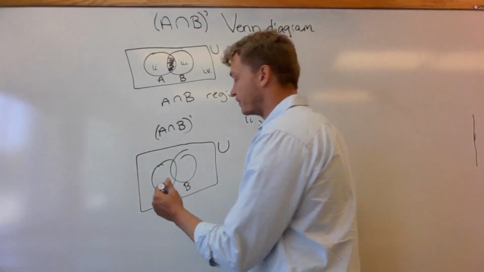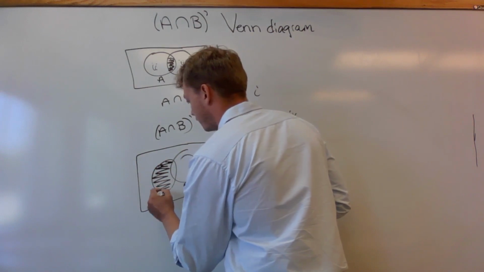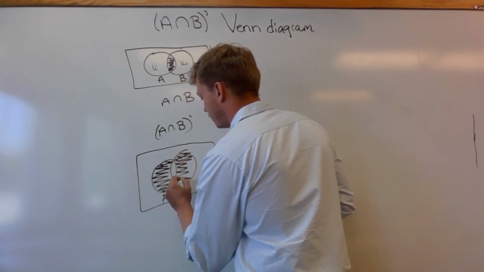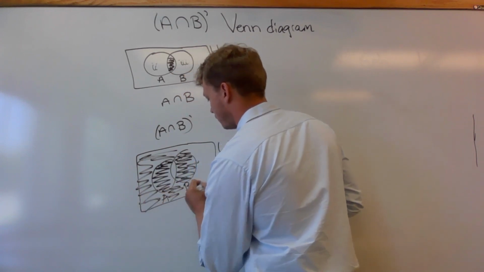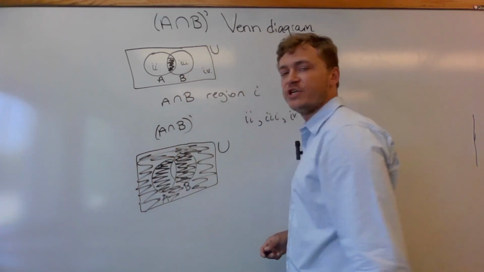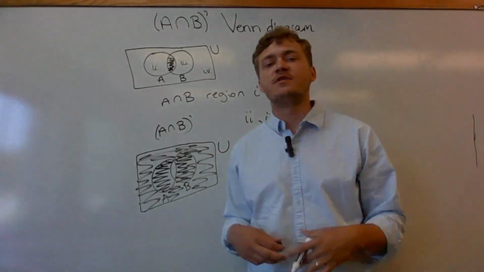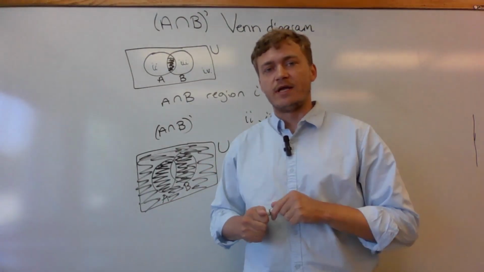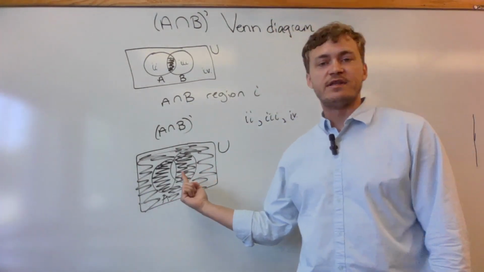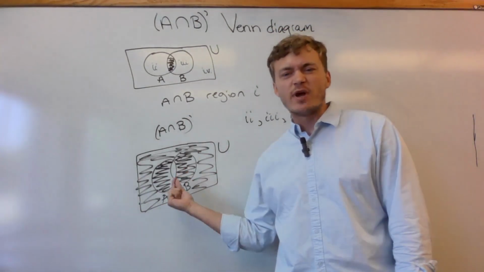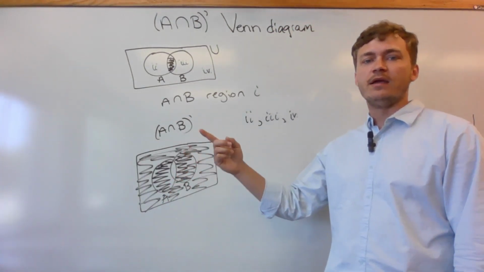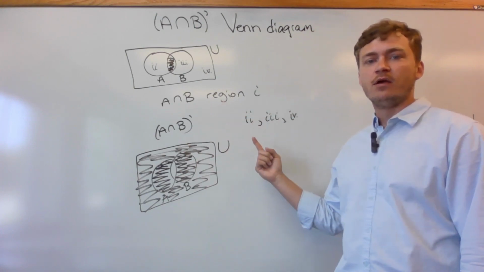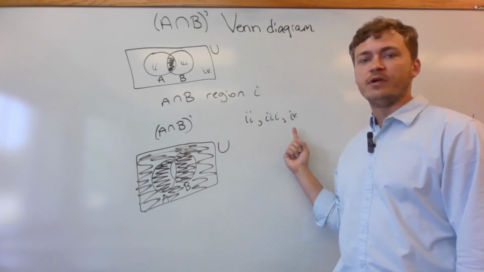That is region 4. We're only shading within the rectangle of the universe, nothing greater than the universe in this context. So we see that the only thing not shaded directly in the middle is our intersection. So here, A intersect B complement is regions 2, 3, and 4.